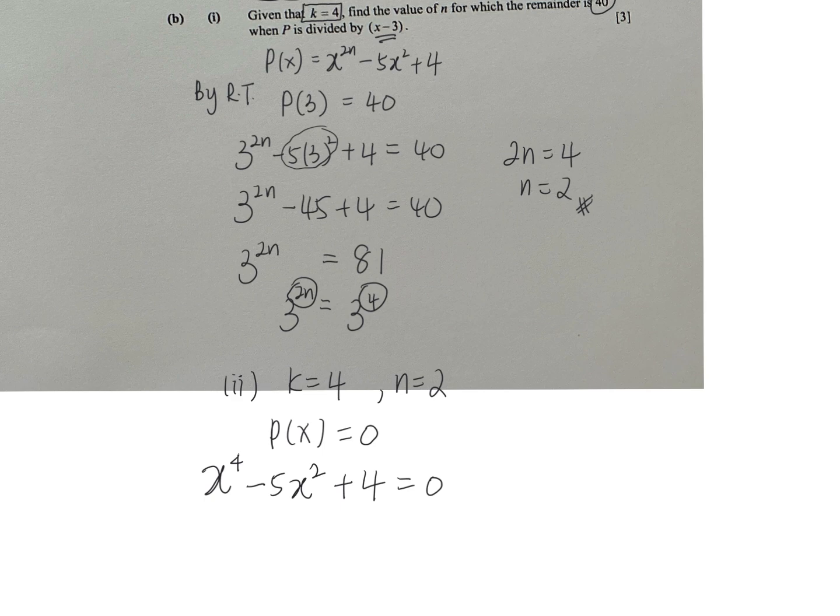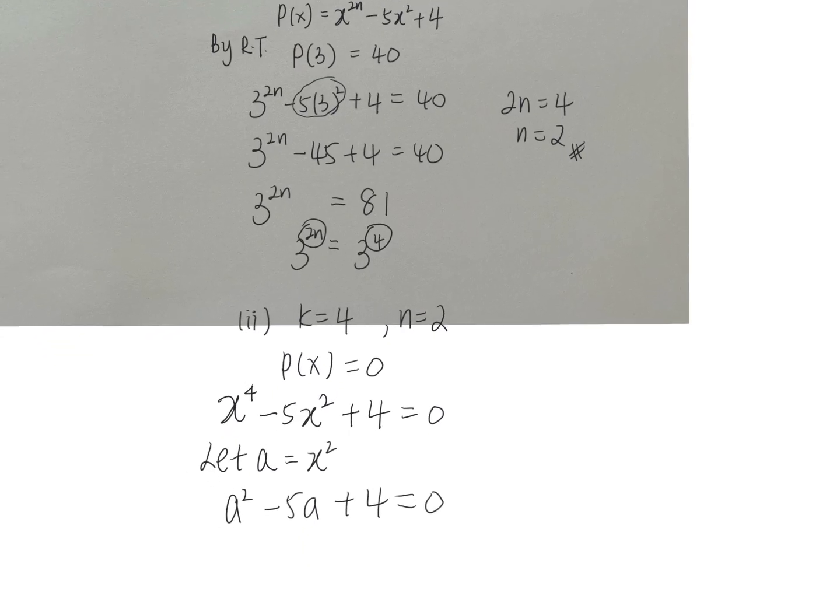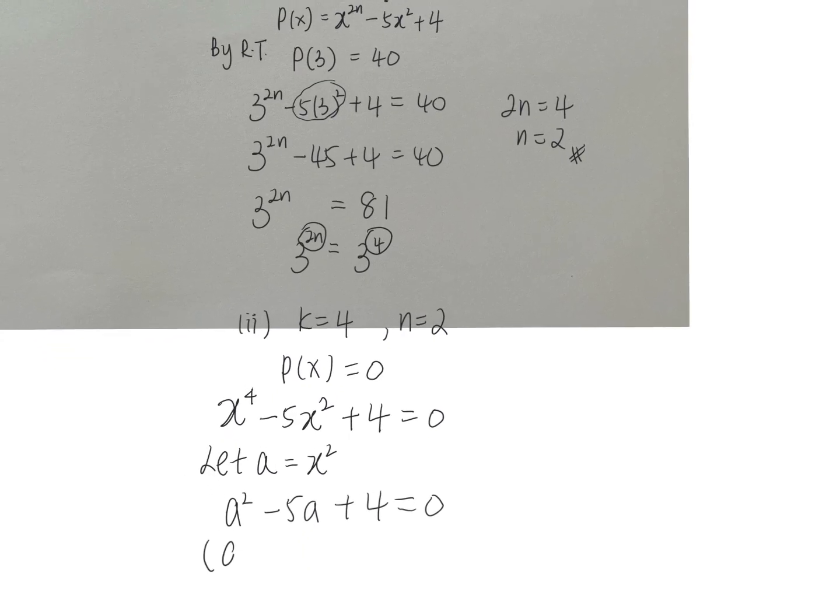Okay, to this question when you look, some of you worked very hard. I saw you trial and error, long division, and then finally solve it. But if you look at it properly, let a be x squared. This is a squared minus 5a plus 4. If you factorize, it is just a minus 4, a minus 1.